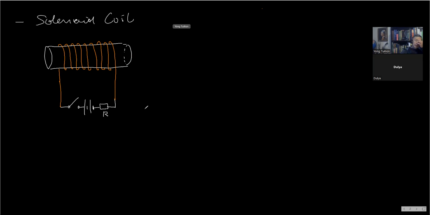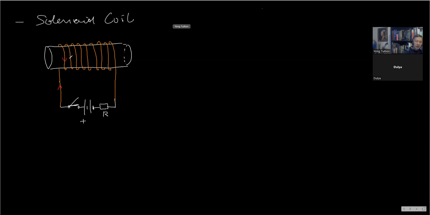Can you indicate what would be the direction the current will go? This is positive. Once we switch on, it moves from positive to negative. So if I draw the direction, that would be the direction.